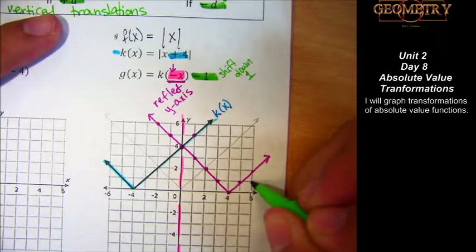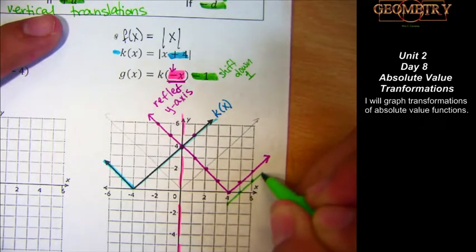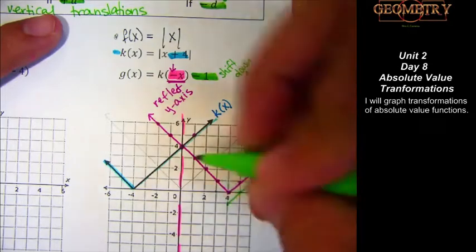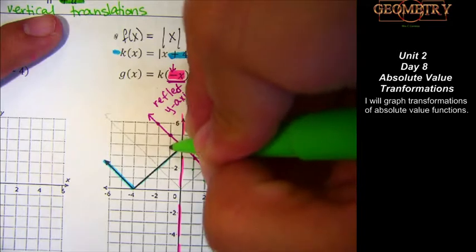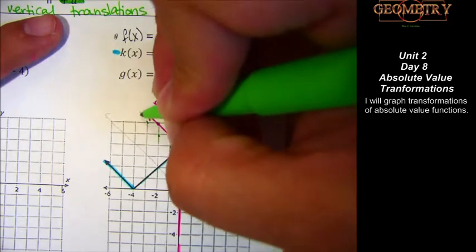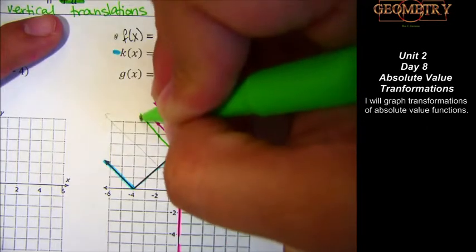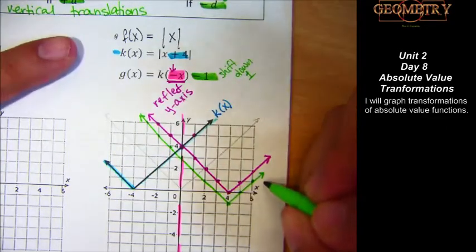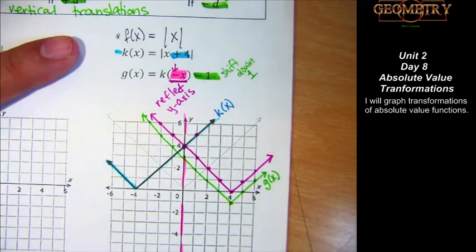So I'm just going to take all these points that I'd already graphed, and I'm just going to push them down 1 unit all the way until I'm done with my graph. And so this green function is my final transformation, g of x.